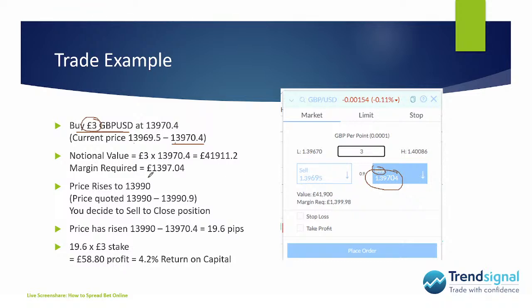So my notional value will be 3, my stake per point, times the price, which gives me 41,900 notional value. Now the margin required on that is divided by 30, which means we need 1,397. It's a little bit different there, but just for rounding error or whatever. So the margin requirement is going to be 1,397.04. Fine, that's how much money we need in the account.